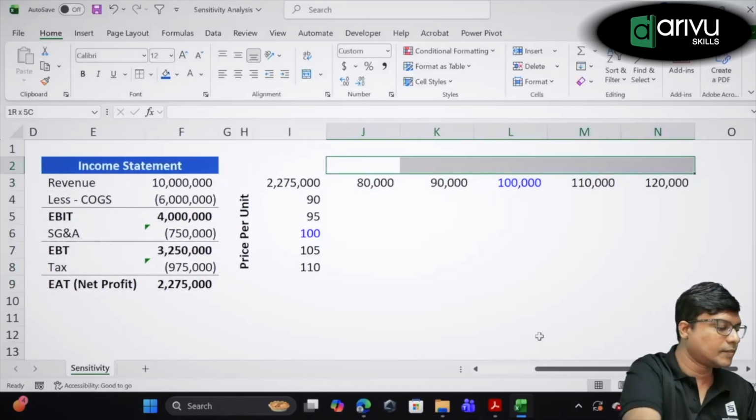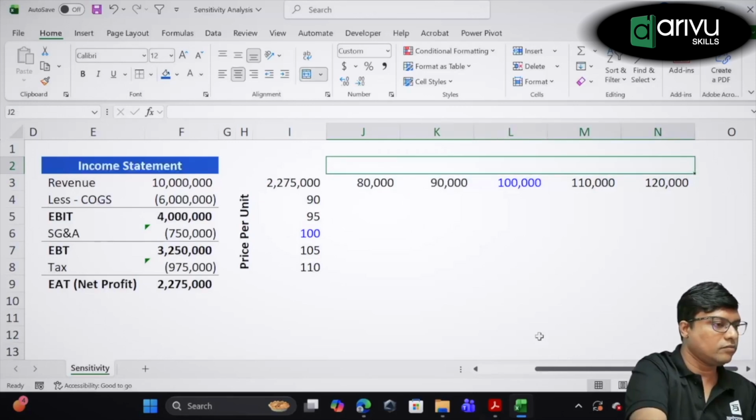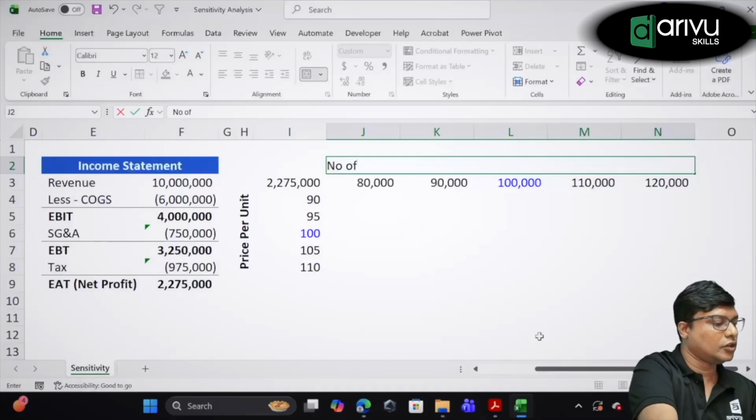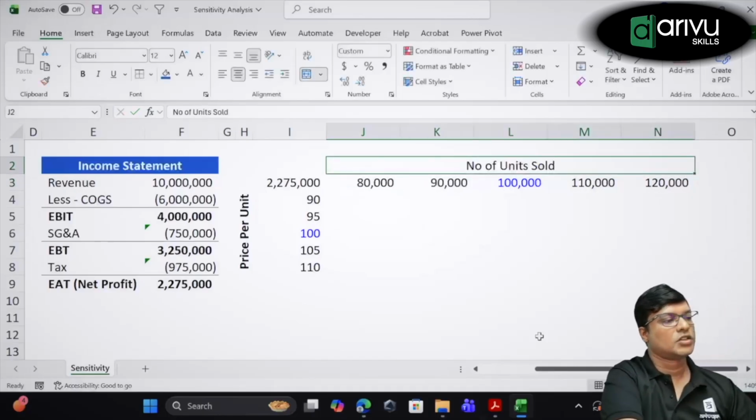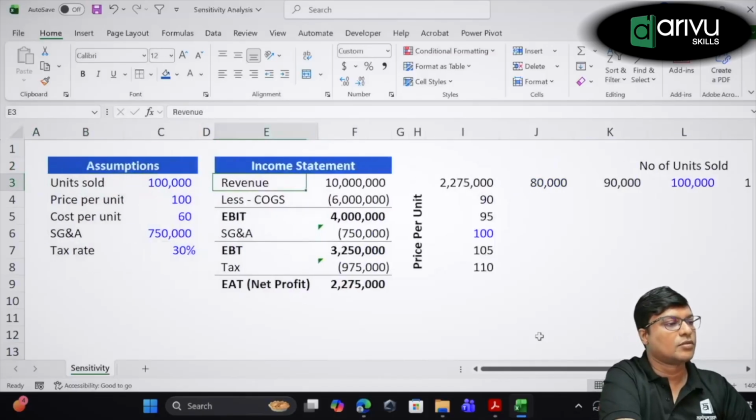Now here above this, select this, then I'll merge this, I'll have the header as number of units sold. At the different combinations, what shall be the different outputs or the different profit levels?